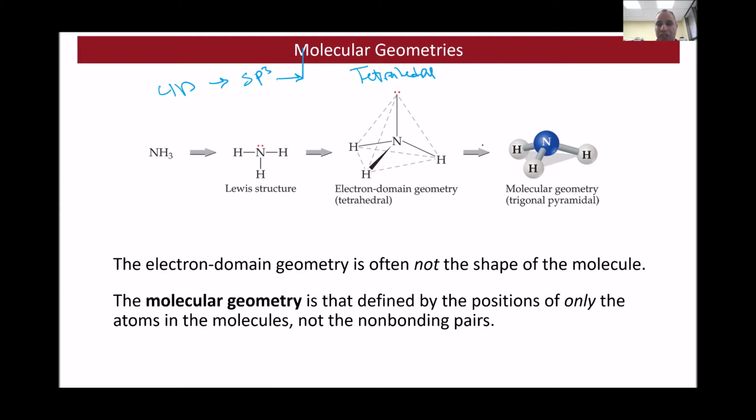So the actual shape of the molecule is not tetrahedral, it's instead a trigonal pyramidal shape. Despite the fact that lone pairs don't determine the shape, they are going to be controlling it.